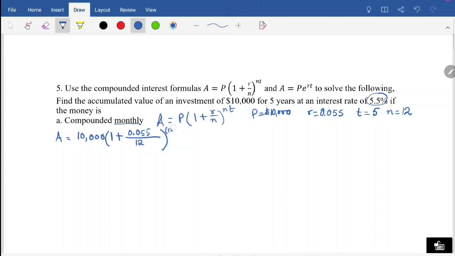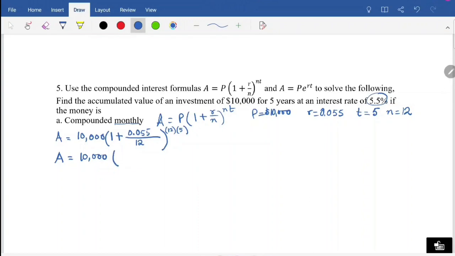So it's 12 times 5, which is going to be 60, all right? So let's work this step by step. And again, I strongly recommend that you show each and every step, because if you go wrong in the final answer, you still get a chance of earning partial credit, all right? You don't get 0 for the problem, but you get some credit for every step you completed correctly.